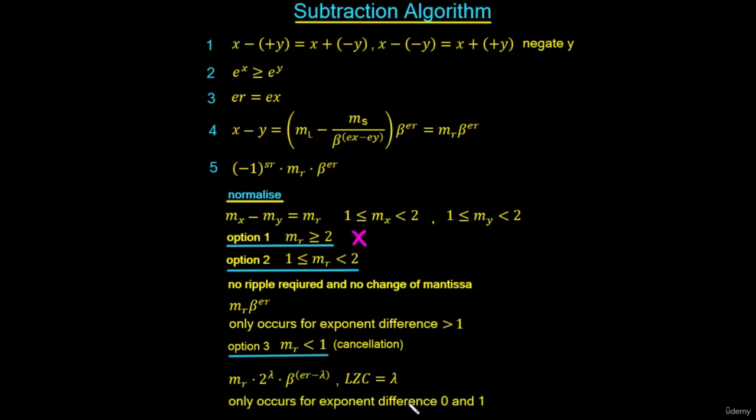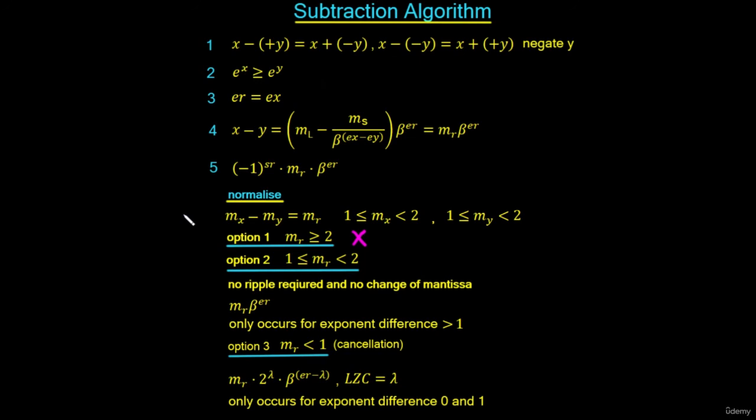Now, these little extra bits of information that we have here about the exponent differences are quite important. And what we want to do in the next video is take this addition and subtraction algorithm and create an architecture that is going to have a minimum latency.